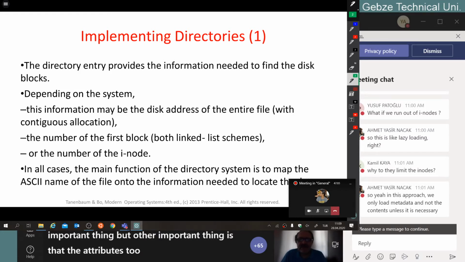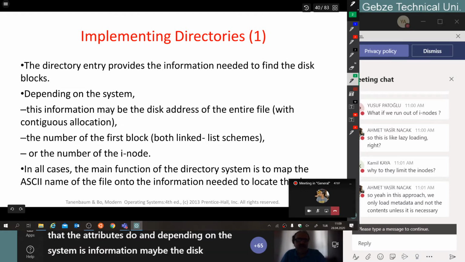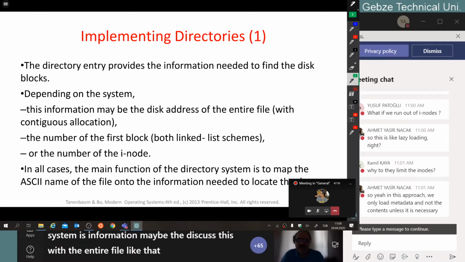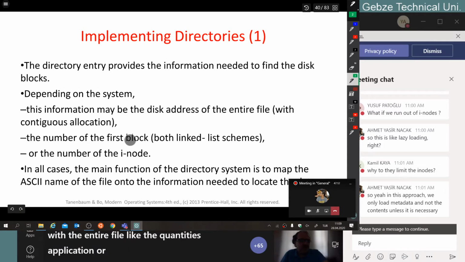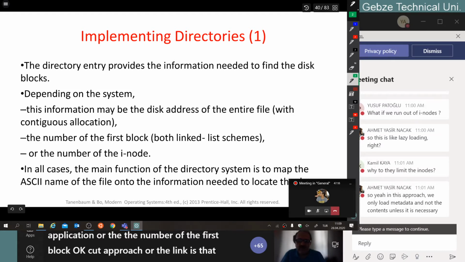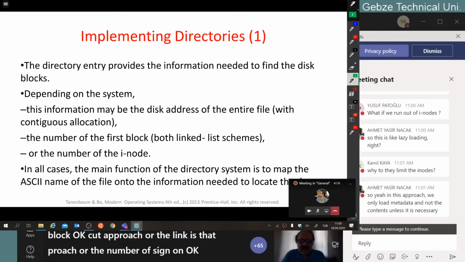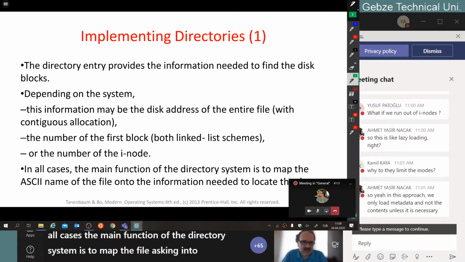Depending on the system, this information may be the disk address of the entire file, like the contiguous allocation, or the number of the first block, the FAT approach or the linked list approach, or the number of the inode. In all cases, the main function of the directory system is to map the file ASCII name to the information needed to locate the file.